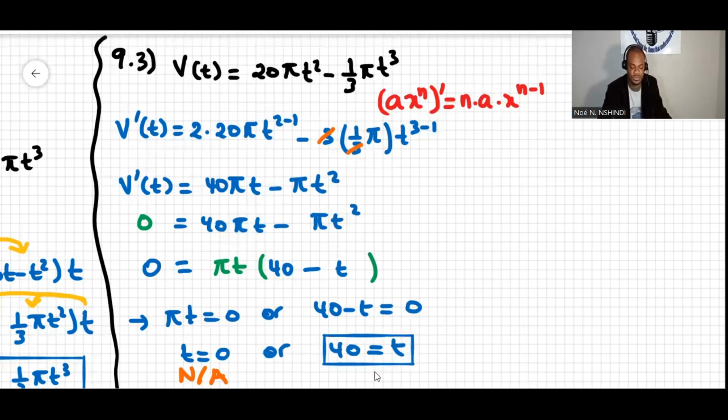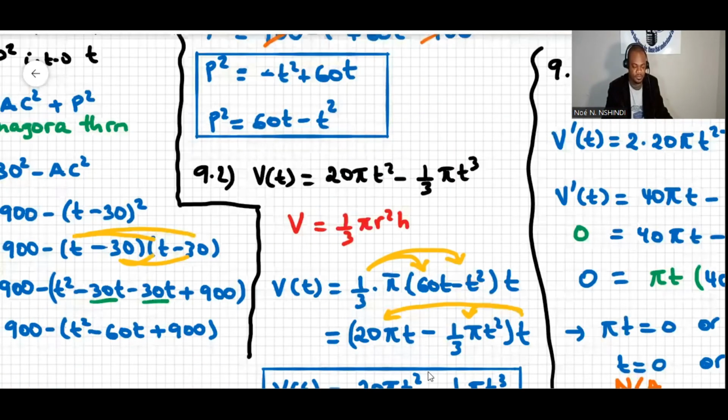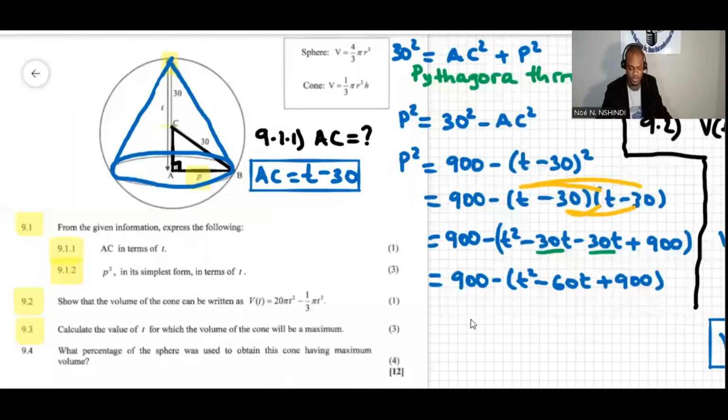Okay, so that was question 9.3, and the following question is 9.4. The last question here is 9.4. The question says: what percentage of the sphere was used to obtain the cone having a maximum volume?